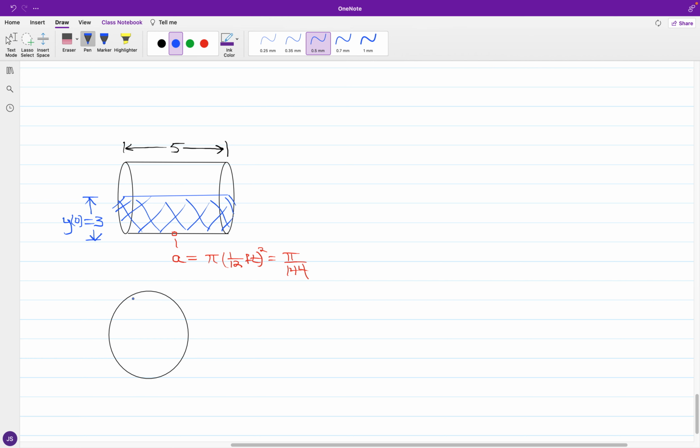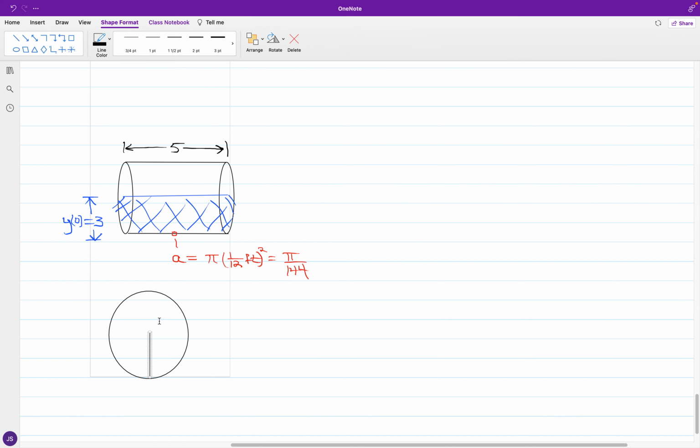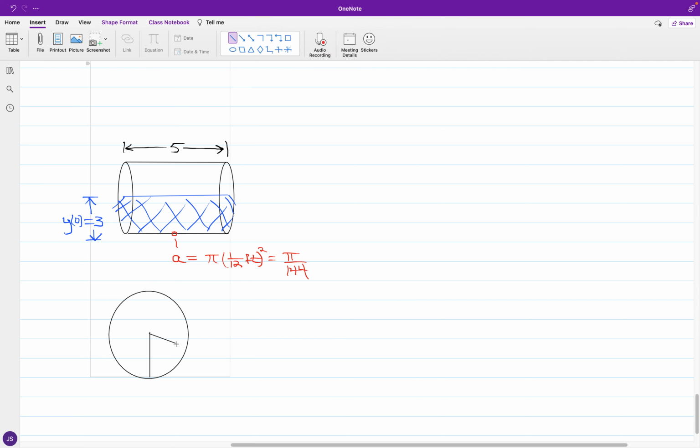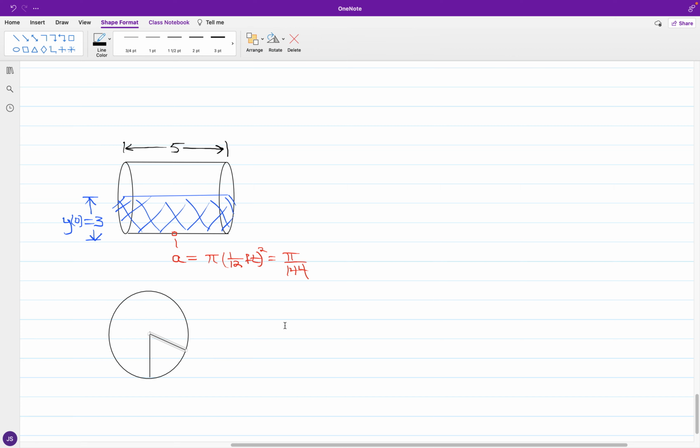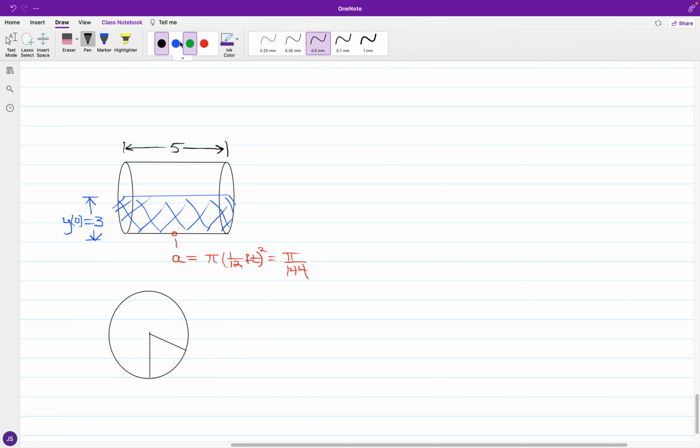Now looking at the side view, we have the tank with a radius of 3 feet, and we'll say the tank is in the process of draining.